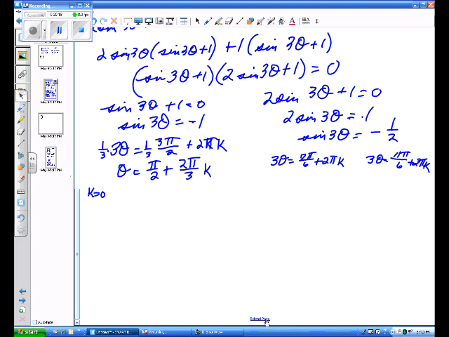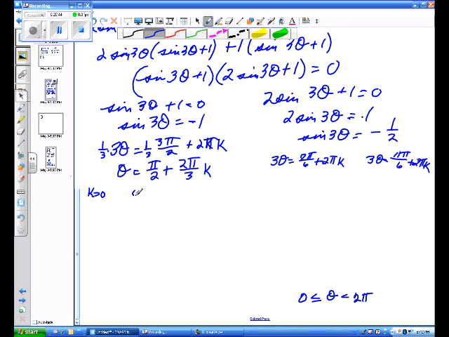So just read your directions carefully and you'll know which one. It's really easier when they just say find all the solutions because we just stop.